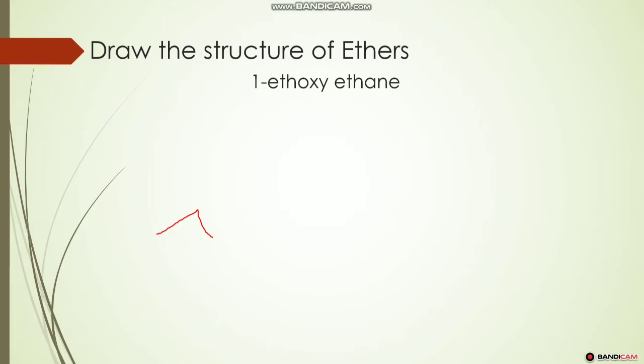For our O substituent, we have 1-ethoxy. Eth means 2 carbons. So we have another 2 carbons attached to oxygen that becomes ethoxy. So this is our parent chain, the ethane.